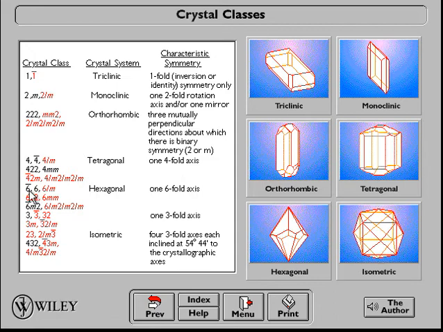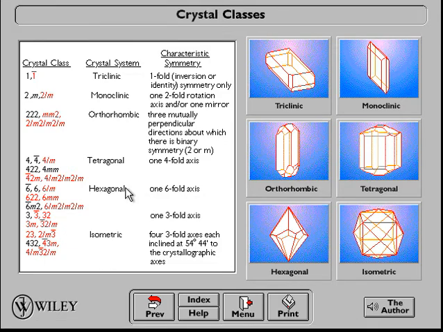So here we have the 6-fold rotation, the 6 roto-inversion axis, the 6 over m with mirror planes, 6 2 2, 6 m m, 6 roto-inversion m 2, and then 6 over m, 2 over m, 2 over m. Then we have 3, that is trigonal: 3 roto-inversion, 3 2, 3 m, 3 roto-inversion 2 over m.